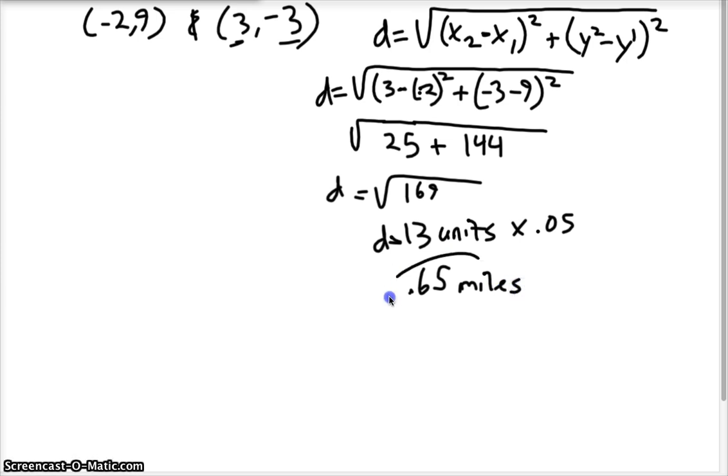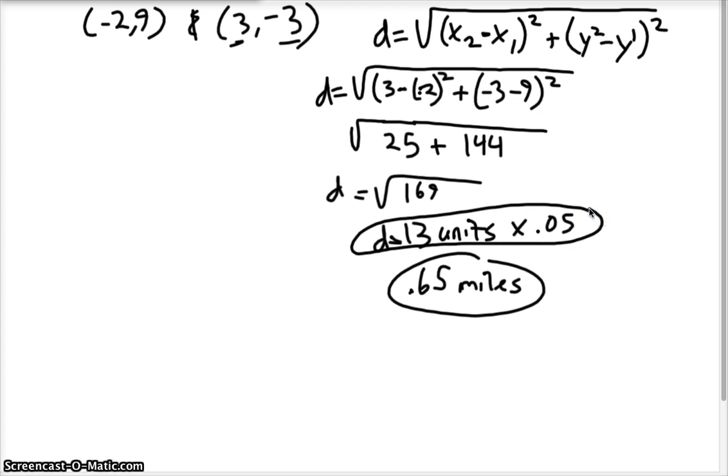Because remember, in the original question, it's asking to find the distance in miles. So that's our last step, and you need to be cautious about this. If you're given an extra bit of information like 0.05, that will be useful. So again, what I did here was just multiply our answer by 0.05.